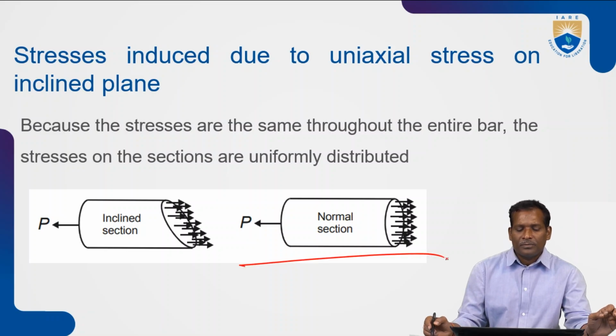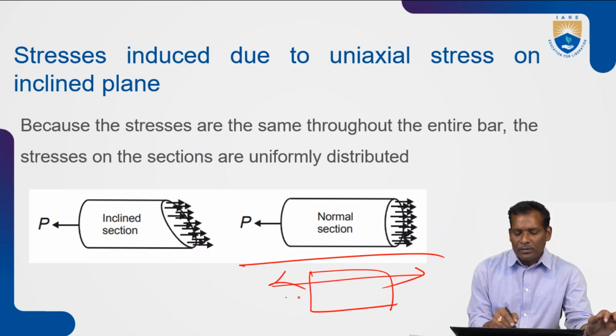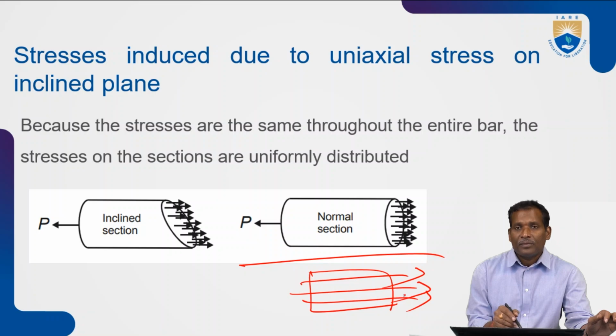See, in the normal section or the inclined section, the stresses are uniformly distributed. Suppose in this 2D view, from one end to another end, the force carrying lines are uniform.